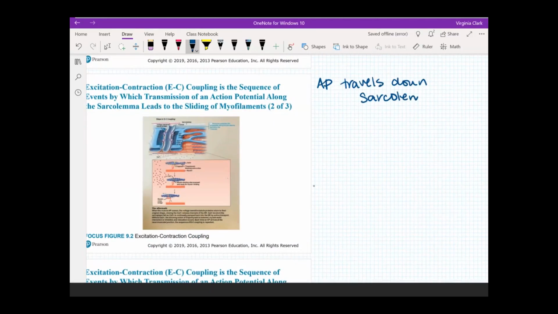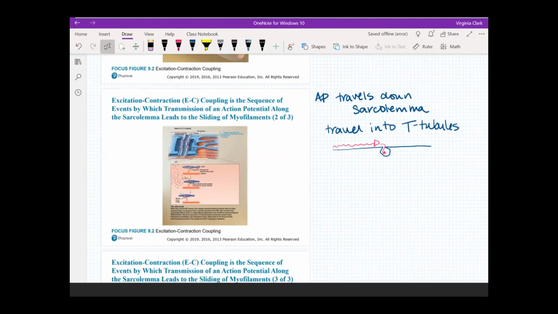And as it's traveling down the sarcolemma, it will also travel into the T tubules. Remember, our T tubules were our sarcolemma that did this so it could dive deep inside the cell. So if we have an action potential traveling down our sarcolemma, it can also cause these changes deep inside the cell.